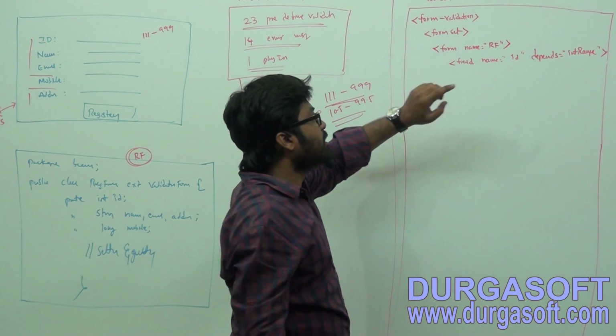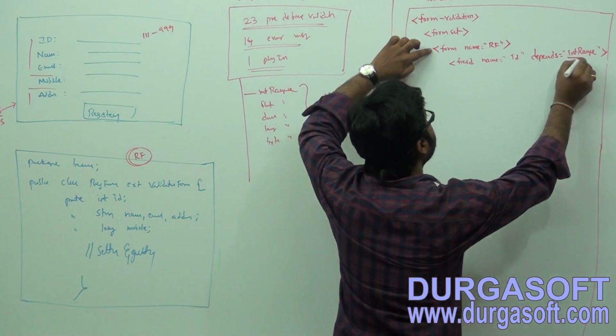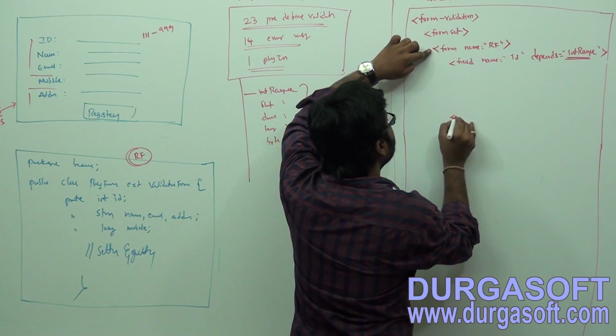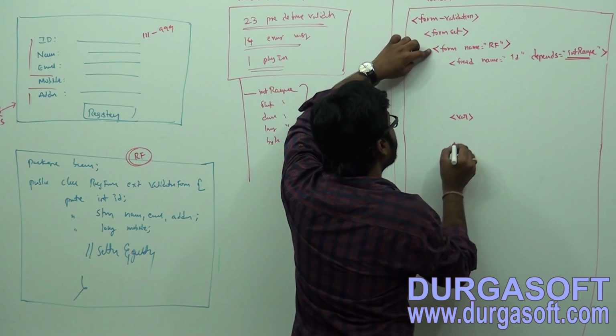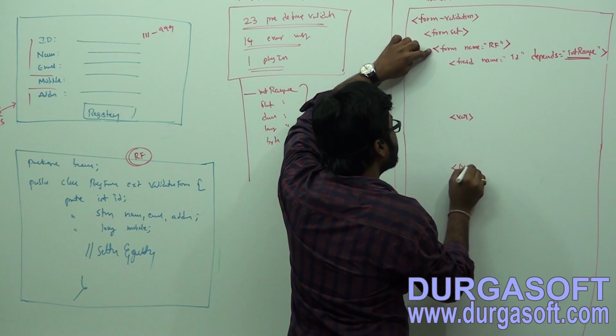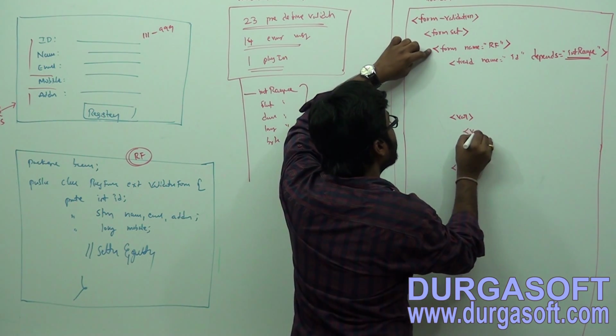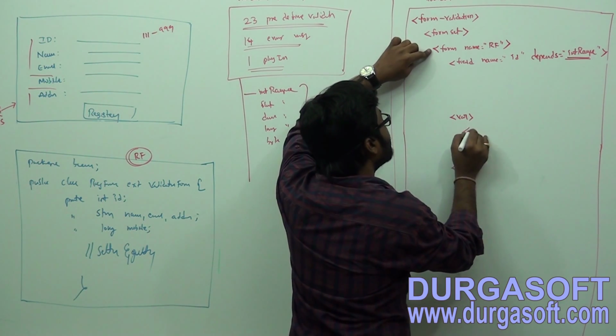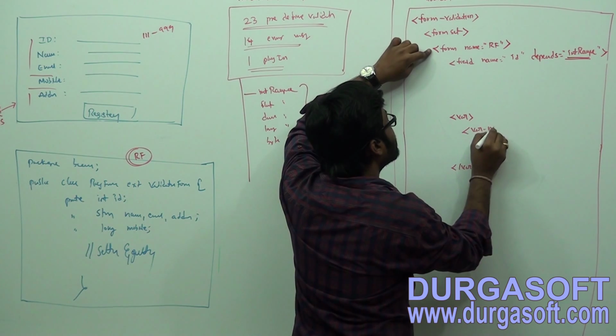Internally, this intRange validator expects some input parameters from us. We have to pass input parameters by using the var tag. By using this var tag, with variable name and variable value, we pass the inputs.